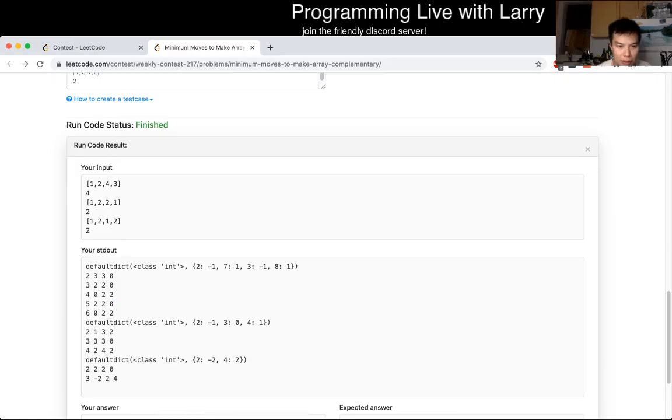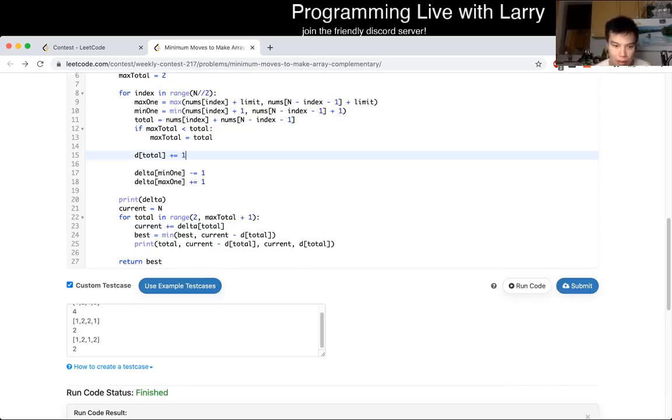Minus. Oh, oh, I see. That's double counted. Okay, so this is actually one. Okay.